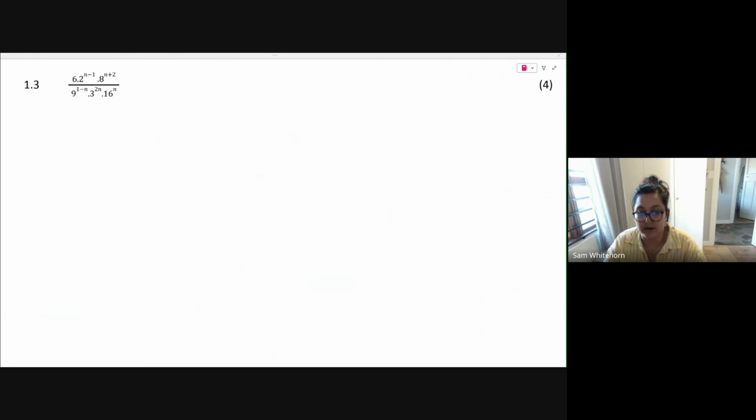Okay, good. Yes, we've got 1 term. How many terms do we have in our denominator? Good. Okay, so we only have 1 term in the numerator and 1 term in the denominator. So that means I'm not going to factorize. I'm now going to apply my exponent laws.